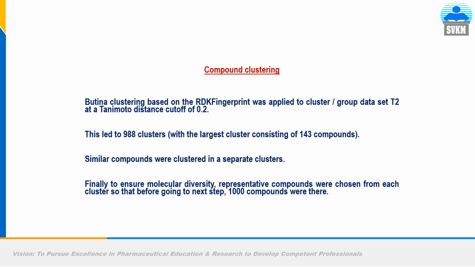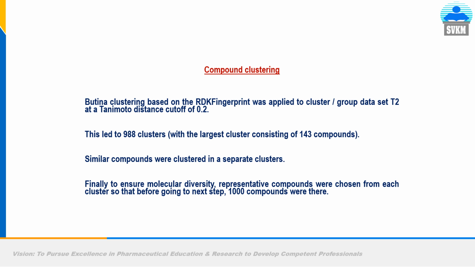Compound clustering. So you have a lot of compounds, so you can cluster them in different clusters based on some similarity. For example, you have two clusters A and B. All the molecules in cluster A should have some most striking common similarity. So they are in A. On the other hand, all the members of cluster B should be similar, but members of A should not be similar to members of B. Otherwise, it will be difficult to manage the clusters.